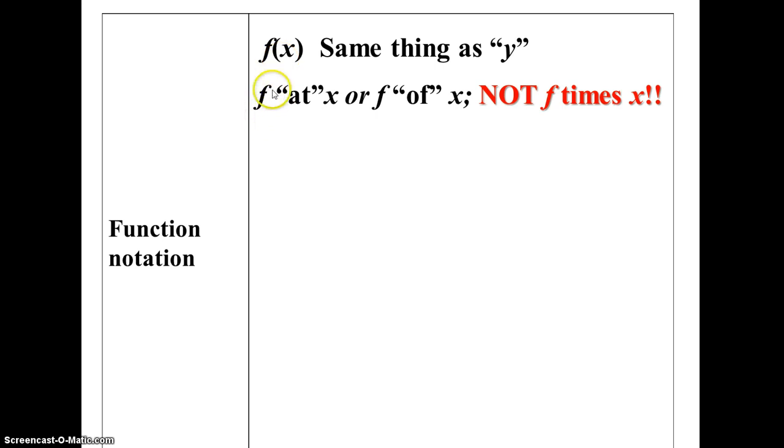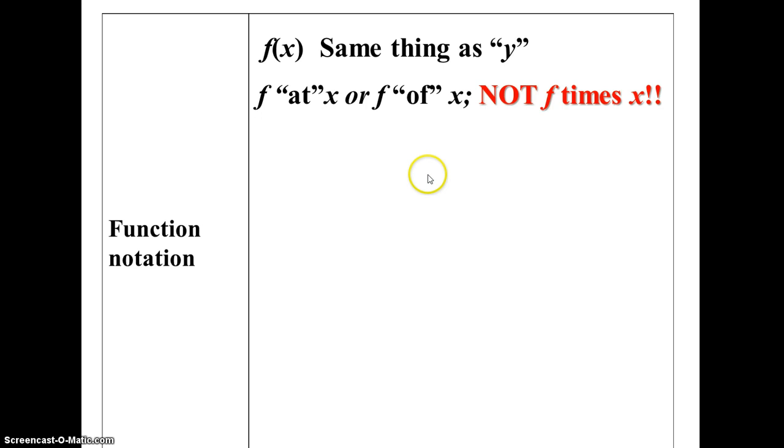It means we're going to call this function f, and whatever variable we have inside the parentheses, that is going to be the variable that we will see in the equation on the other side of the equal sign. So in this function notation, if we have a variable at all, it could be a constant function, that's okay.